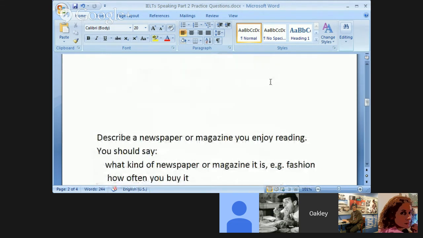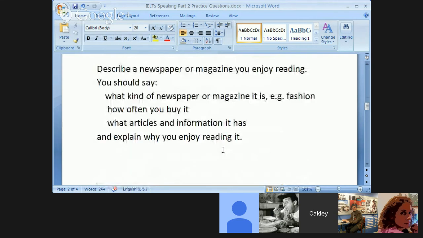Yes. Hi there. Okay, got a specific topic for you to deal with, and all right, we're changing up the verb tense a little bit. So here you go. Describe a newspaper or magazine you enjoy reading. So present tense. What kind of newspaper or magazine it is?